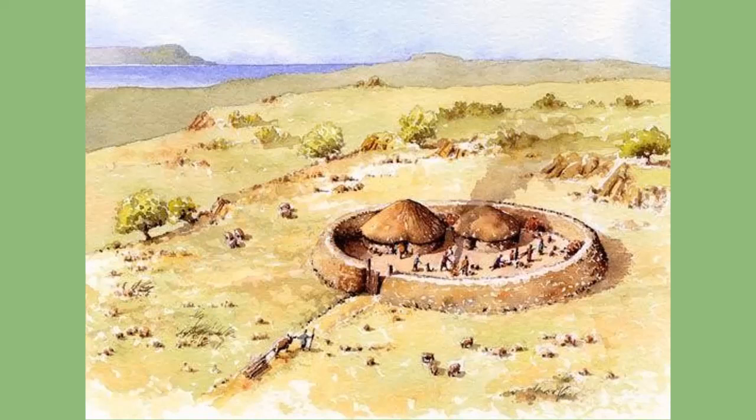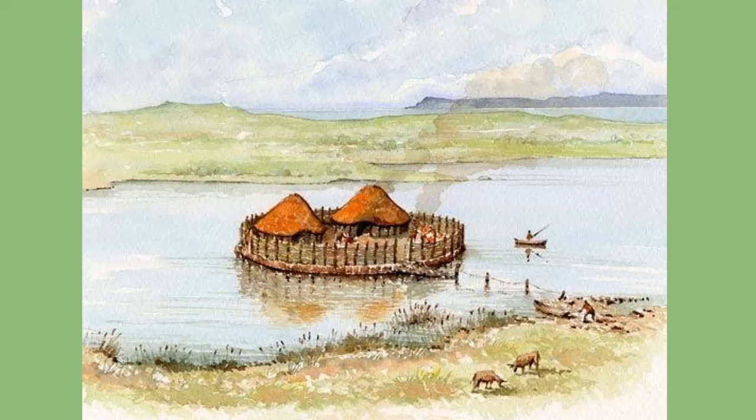And the final type is the crannog, which we can have a look at in the next picture. Okay, so that is a crannog, and a crannog was built on water.